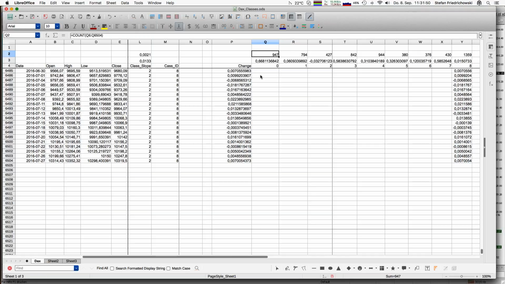But now the story is a little bit different, because we build up our class identification number, and this does not mean that still every class, the final class, which is derived by 2 subclasses, has the same number of members.